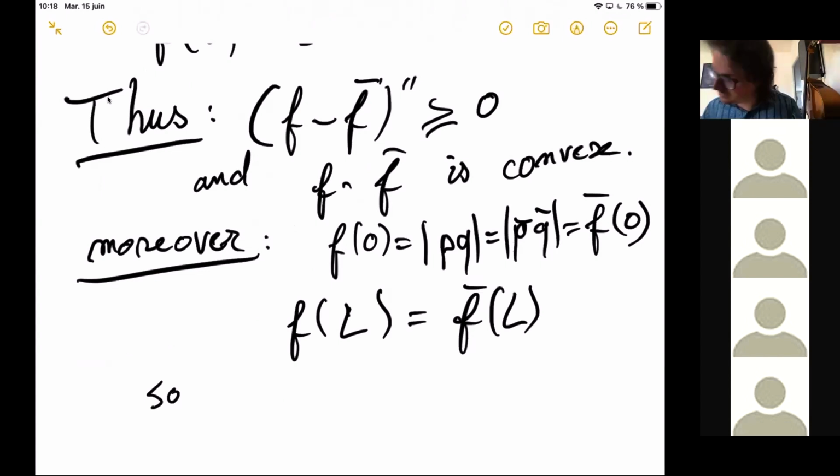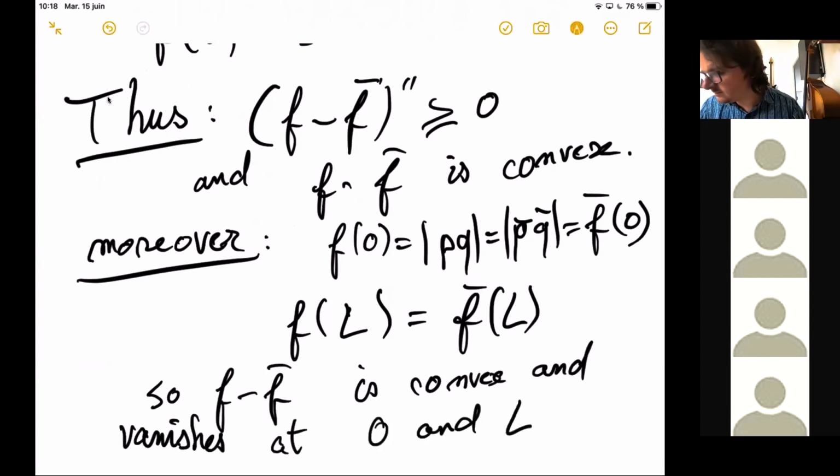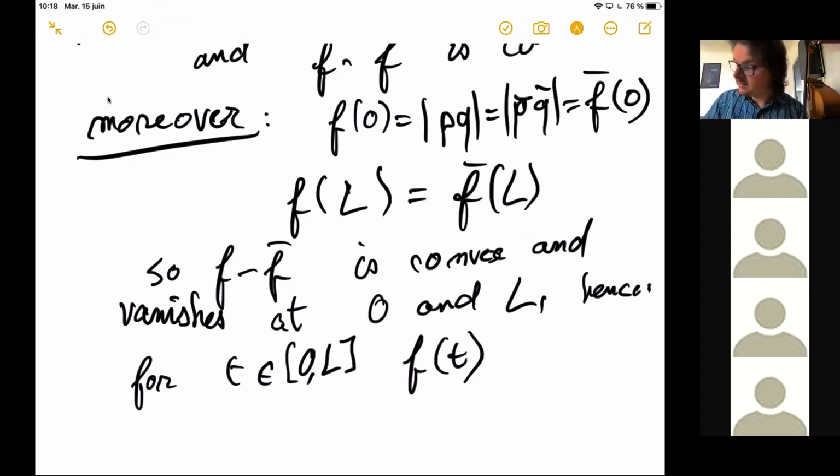So we have a convex function, so f minus f bar is convex and vanishes at 0 and L. And for any t in 0 and L, f minus f bar is negative. So we have that, and what does it tell us?